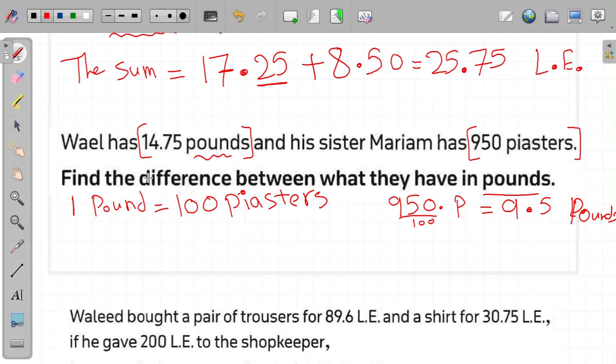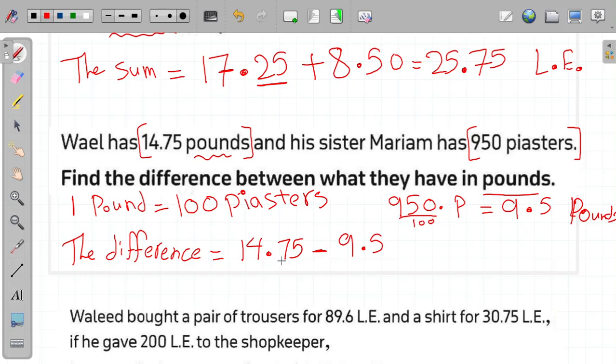Next I wanted to find the difference between what they have. So the difference means I will subtract the big number minus the small number. So I will say the difference here equals the big number first, 14.75, minus the small number 9.5.